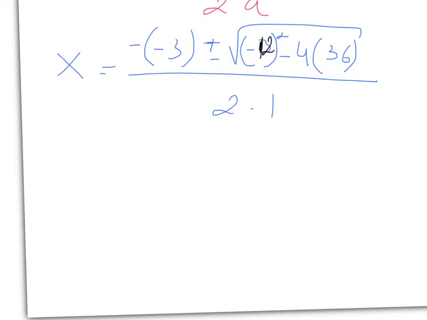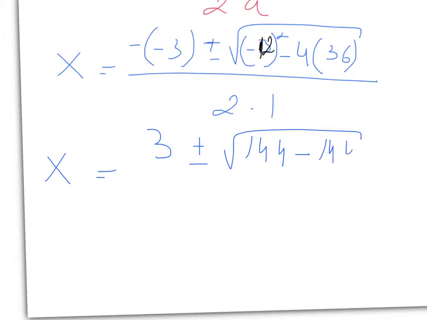All right, so x equals 12 plus or minus the square root of 12 squared, which is 144, minus 4 times 36, which is 144, over 2. Now it seems we're going to have only one solution here.